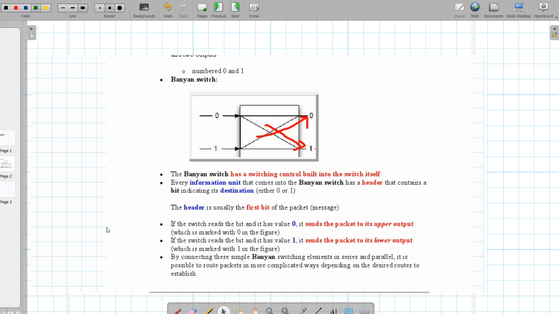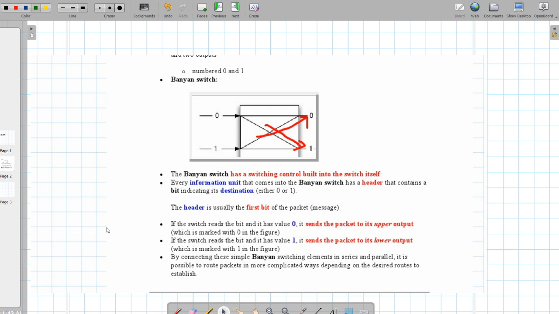Now by connecting these simple Banyan switches, different interconnection networks have been implemented, for example, shuffle exchange network, omega network, butterfly network, etc.